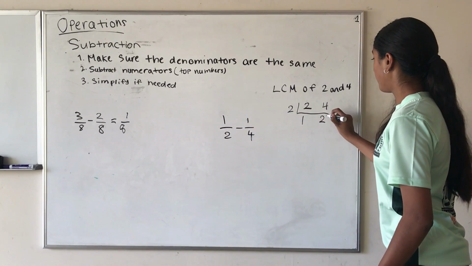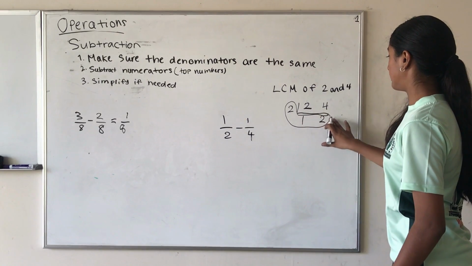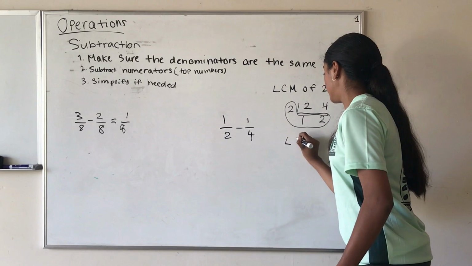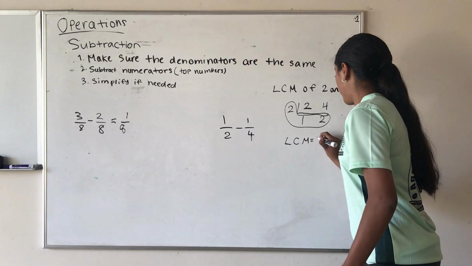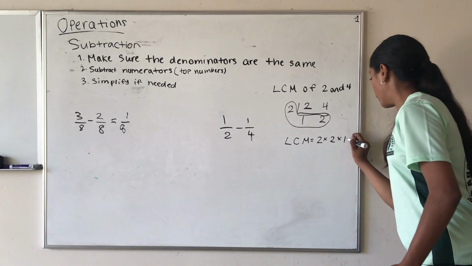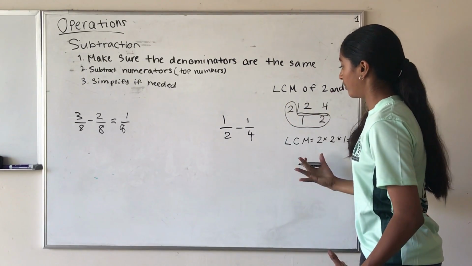So the LCM, as we know, is all of the factors outside the L that you multiply together. So the LCM of 2 and 4 would be 2 times 2 times 1, which equals 4. So the LCM of 2 and 4 would be 4.